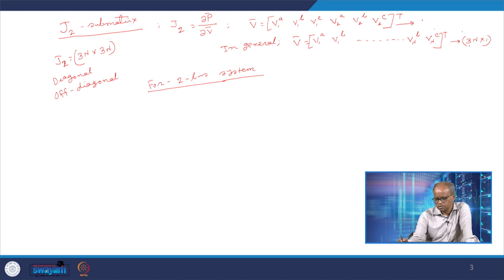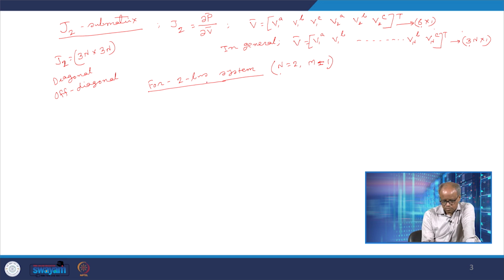For the 2 bus system we have already taken n equal to 2, m equal to 1.